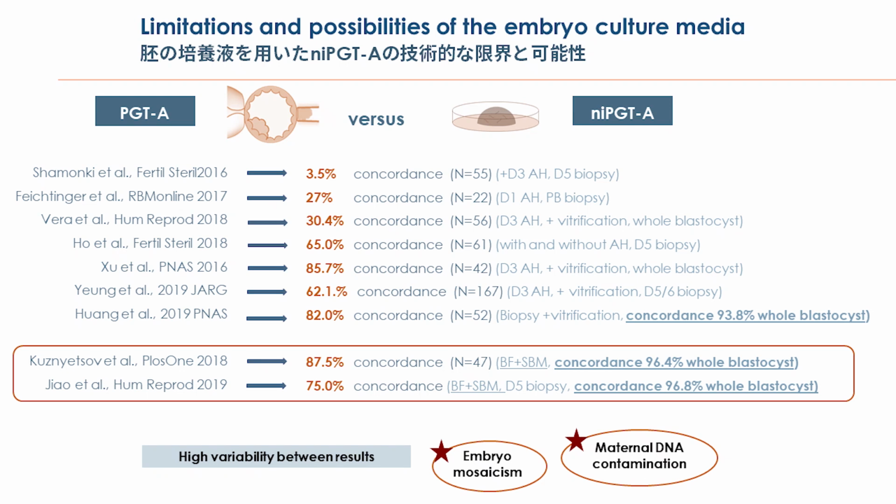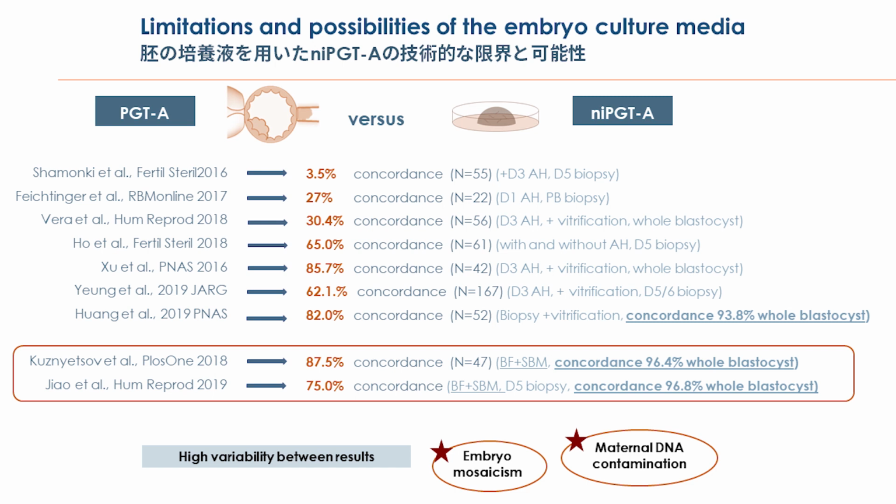But I also want to point out another important thing in this slide. In some studies, they compare the results of the trophectoderm biopsy with the media, but also of the media with the full blastocyst. And surprisingly, they observe better concordance rate when they compare the media with the blastocyst than when they compare the biopsy with the blastocyst.